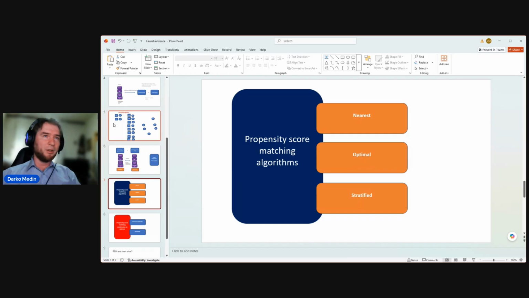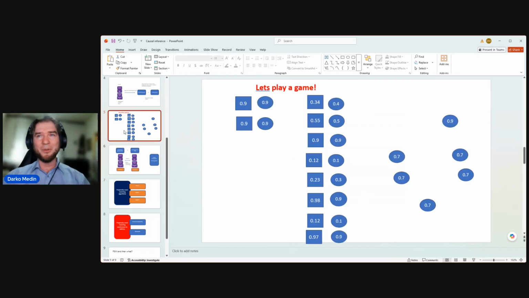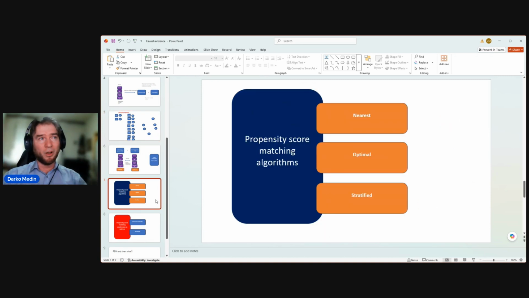When we do matching, I was actually playing around with this. I call it the game matching. So what I was doing here was matching patients one-to-one, so for each patient, I find the best possible match. That approach is called the nearest matching algorithm. Full name would be nearest neighbor. So these patients, which are the nearest neighbors in terms of matching, we match them one-to-one, patient by patient.